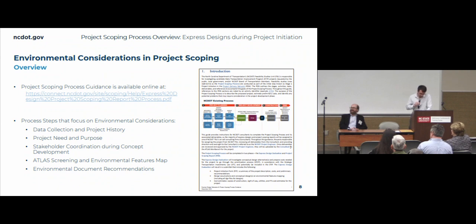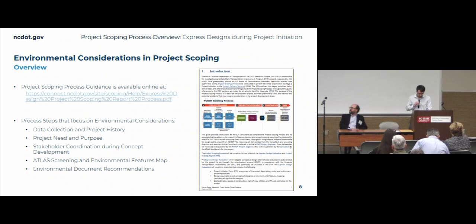Okay. So we've now segued into the second half of this presentation that will focus on environmental considerations during the project scoping process. So during this section, I will try to thread a needle between two extremes.